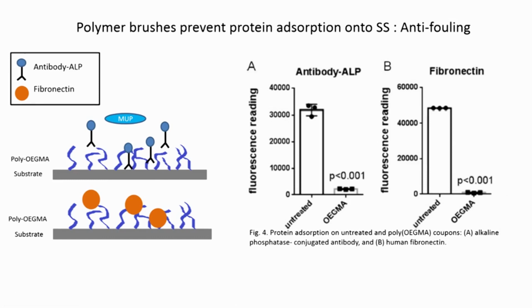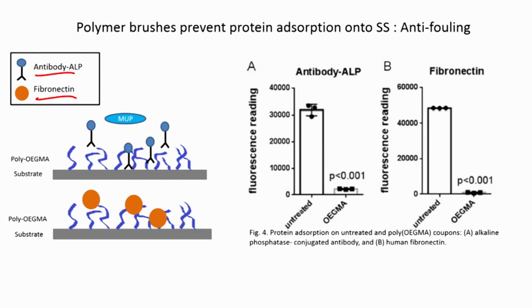So, now that they have done it, they tested whether the protein adsorption is actually reduced. They have used two proteins here. One is an antibody, which is something that activates immune response, and another is fibronectin, which is something that can cause binding of a lot of cells to these surfaces. So, it is an ECM protein.